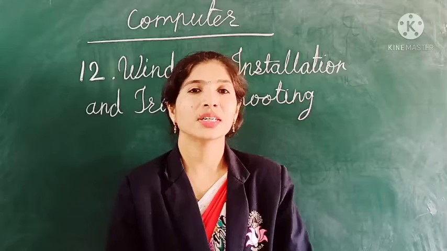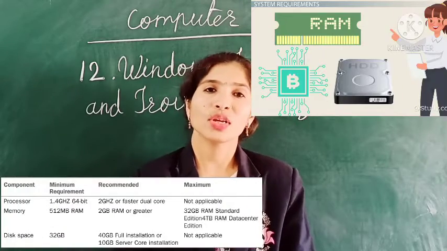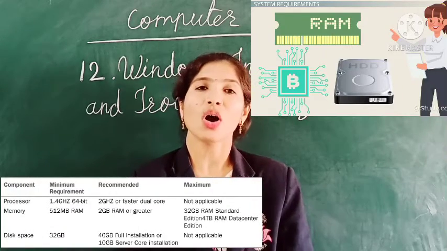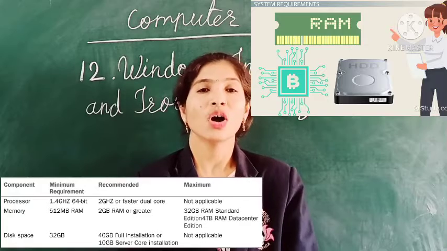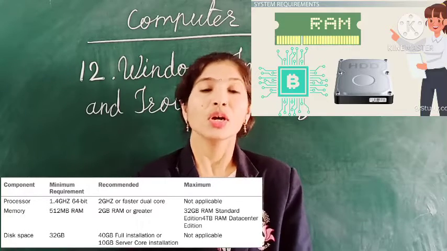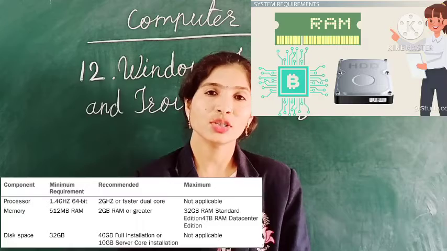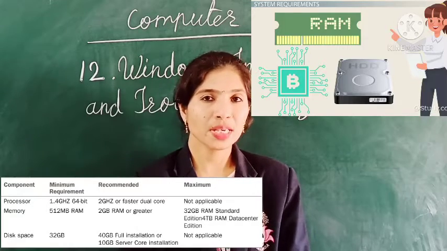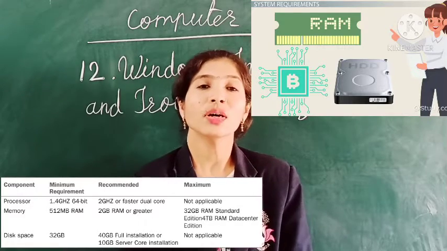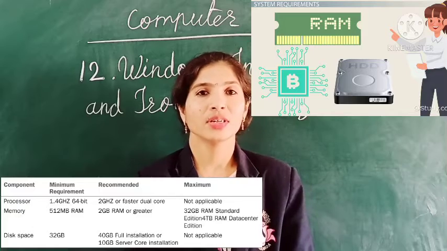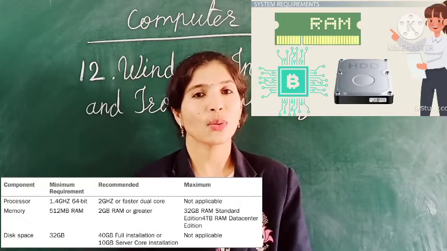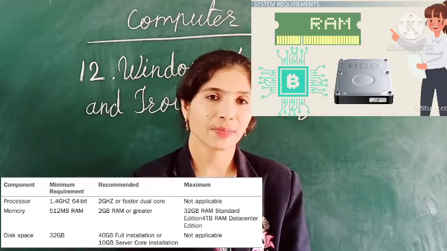Now, hardware requirements. When you have decided on the form of installation, you must ensure that your PC has a set of minimum hardware requirements to support the operating system.